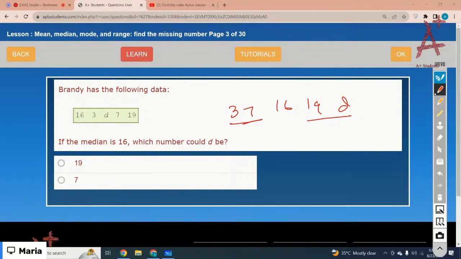So it must be 19, not 7. 19 is the correct option.